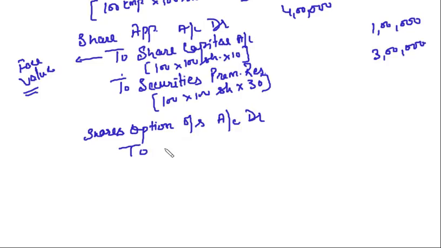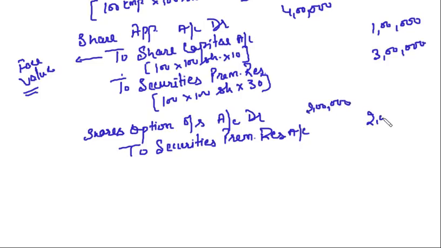To which account will be credited? It will be the securities premium reserve account. Why? Because it is a kind of premium only on the shares that were outstanding. So it will be credited to securities premium reserve account. Clear?